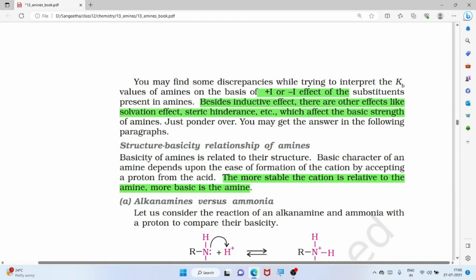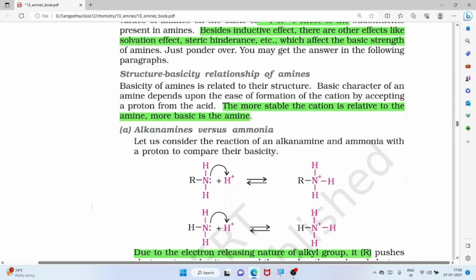Besides the inductive effect, there are other factors like solvation effect and steric interaction which affect the basic strength. Structure-basicity relation means the more stable the cation relative to the amine, the more basic is the amine.